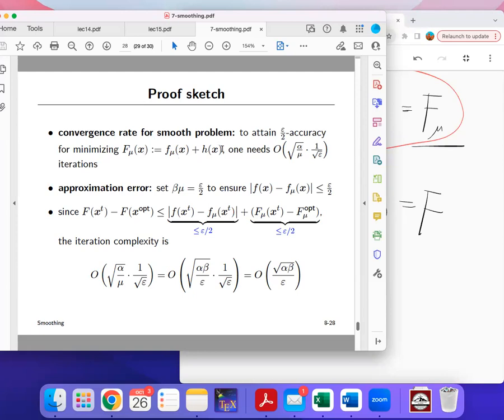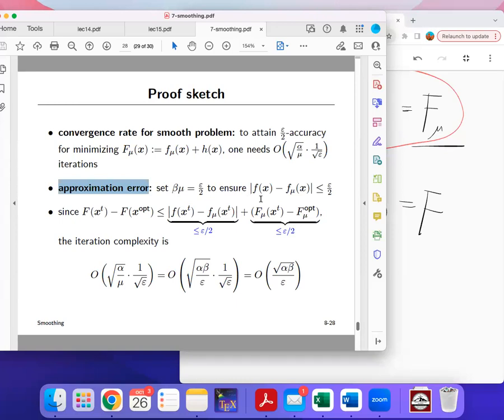Now, once we achieve an epsilon over 2 accurate solution of the smooth problem, we want to further understand how far this solution is from the optimal solution of the original problem. So we will consider this approximation error. Because f mu is a smooth version of f, by the definition of alpha beta smoothable, the gap between these two is controlled by beta times mu.